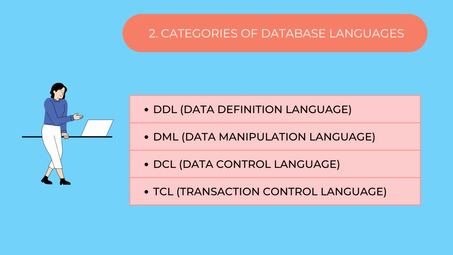Second one, categories of database languages. Here we have four major categories of database languages. The first one is DDL, which is called data definition language. Second is DML, which we call data manipulation language.